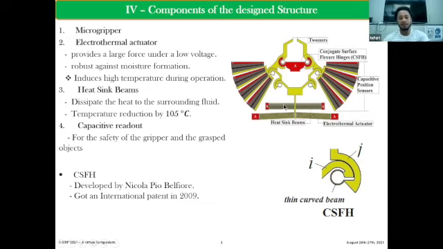Yeah, actually, the main importance of these heat sink beams is that this tweezer has direct contact with the biological samples. So the temperature around the tweezer must be ambient. If the temperature is above ambient, it is going to damage the biological sample. That's why we added heat sink beams here.